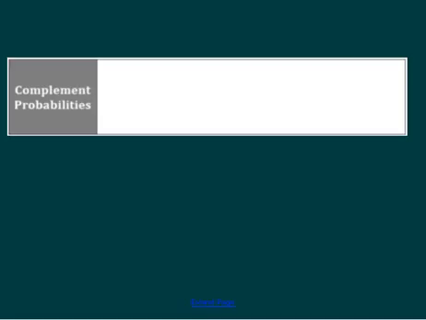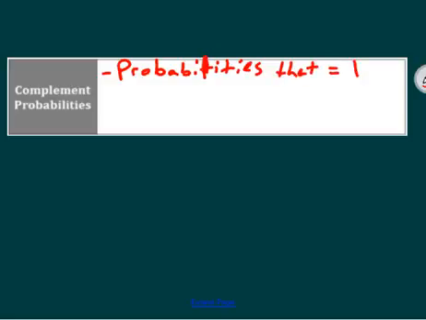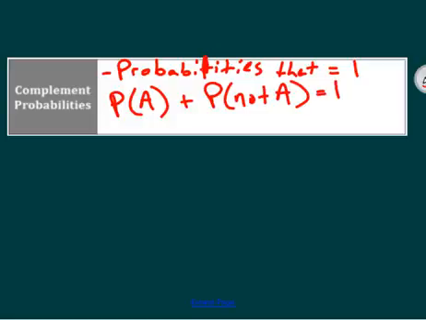Moving forward, complement probabilities. Alright, these are just probabilities that equal 1. So that's the probability of A plus the probability of not A would equal 1.